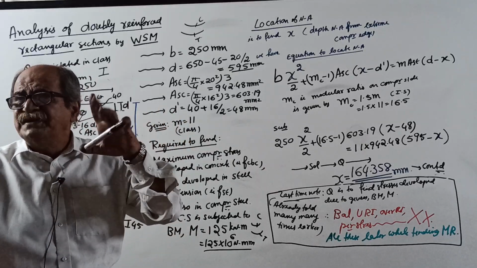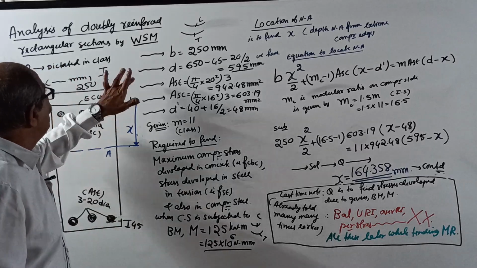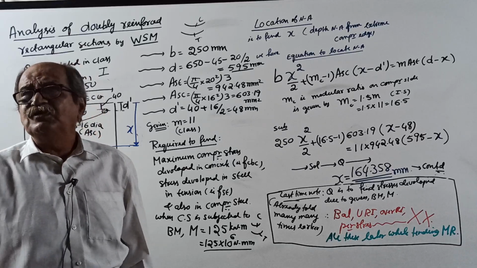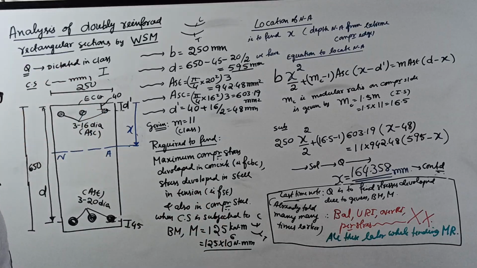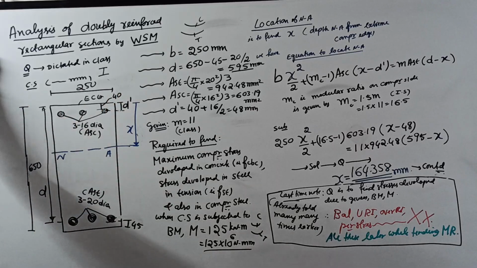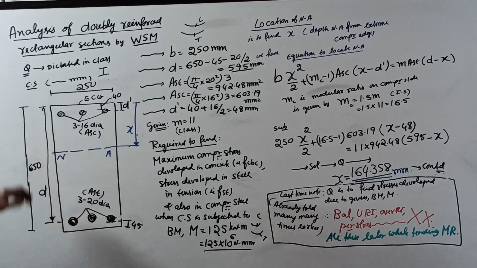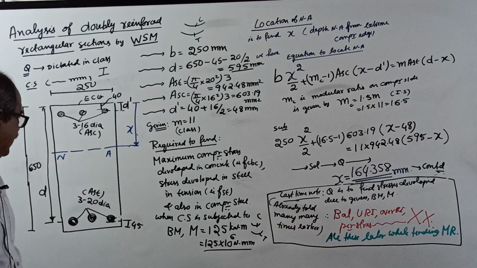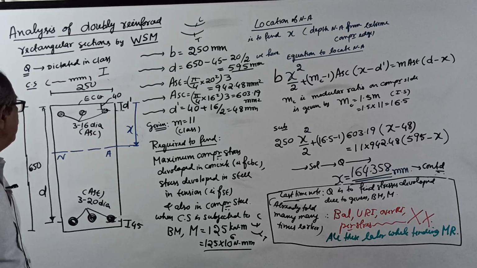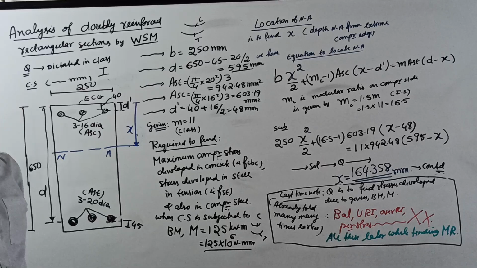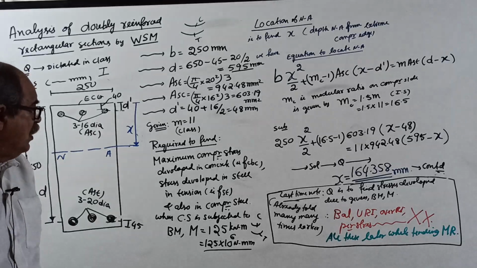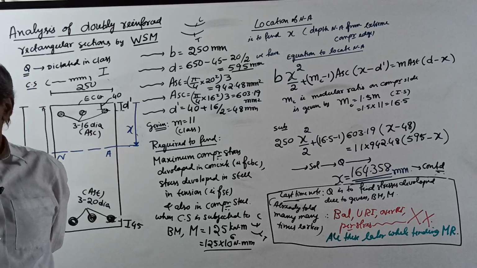I will read the question once again, because sometimes as I give the question, I keep talking in between. Some will tell, sir, we are not able to write. Okay, right. A rectangular section of an RC beam, 250 mm wide, 650 mm deep, is reinforced on tension side by 3 bars of 20 mm diameter at a clear cover of 45 mm and on compression side by 3 bars of 16 mm diameter at a clear cover of 40 mm. The beam cross section is subjected to a sagging BM of 125 kilonewton meter.